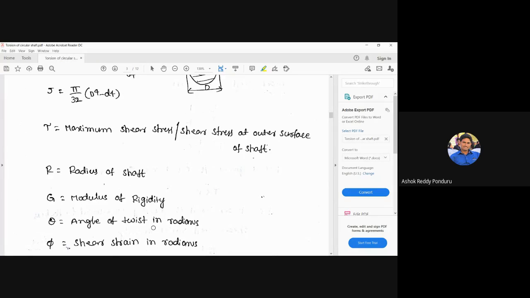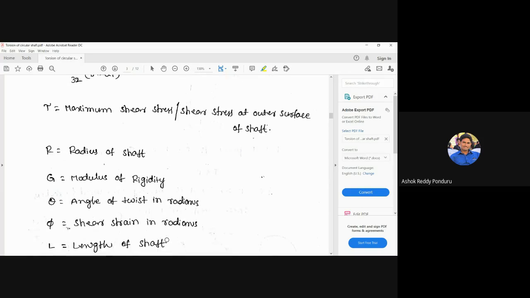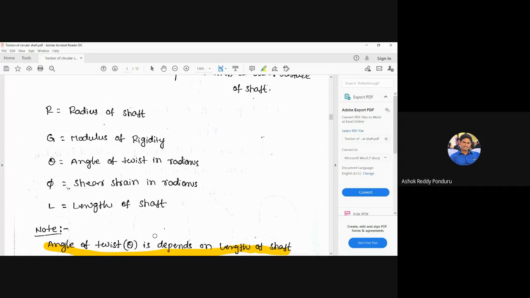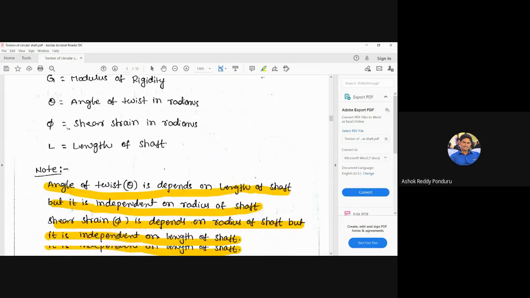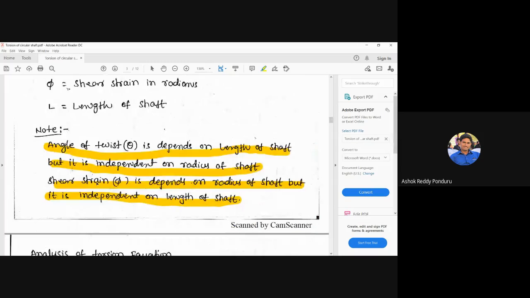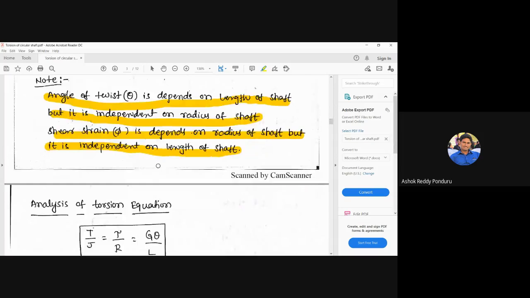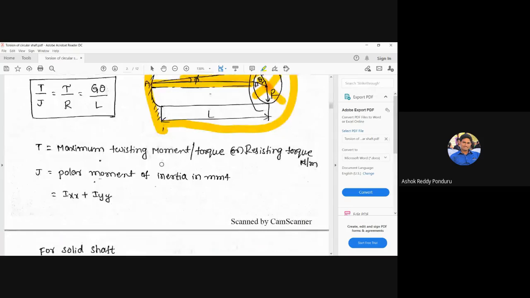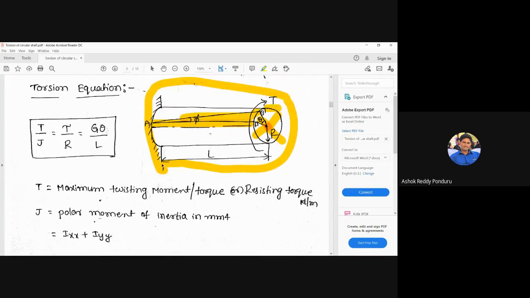Next, phi is equal to the shear strain in radians. Now L is equal to the length of the shaft, which I already explained. This is about the terminology we are using in the torsion equation.